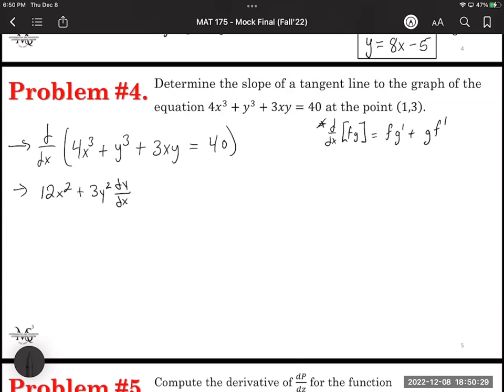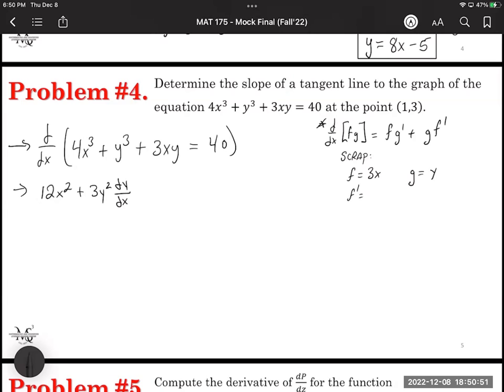I could do a little bit of scrap work here, and then copy it back into this equation. I'll write a little smaller because I don't know how much more space I need. Let's say f is the 3x, and let's say that my g is y.